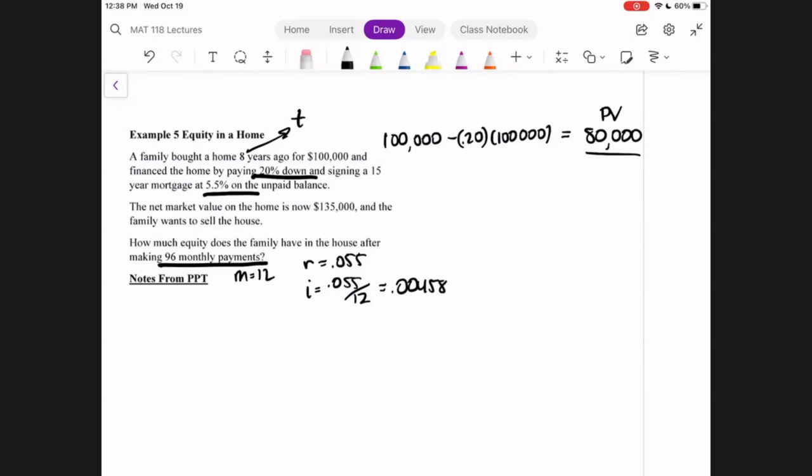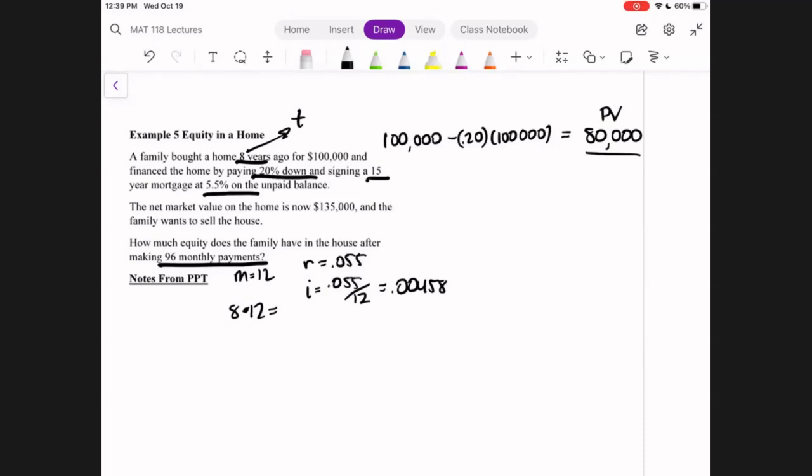We know that this is currently the present value, how much you're taking the loan out to be. Okay. And then since we have monthly, how many years? 8 years, right? So 8 times 12 is, let's make sure. Oh, sorry, it says 15 year. I left that part out.